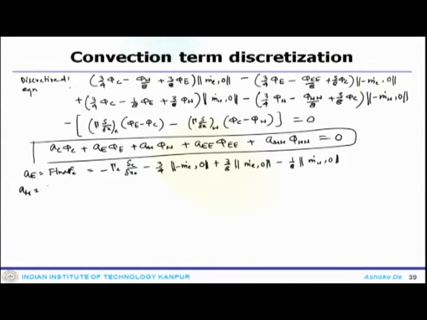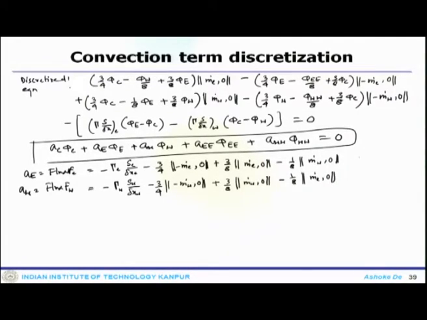A W would be similarly the flux F W, which is gamma W A W by del x W, 3/4 minus m dot W 0 plus 3/8 m dot W 0 minus 1/8 m dot E 0.